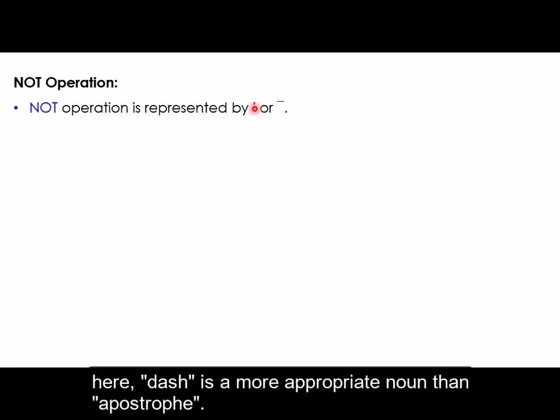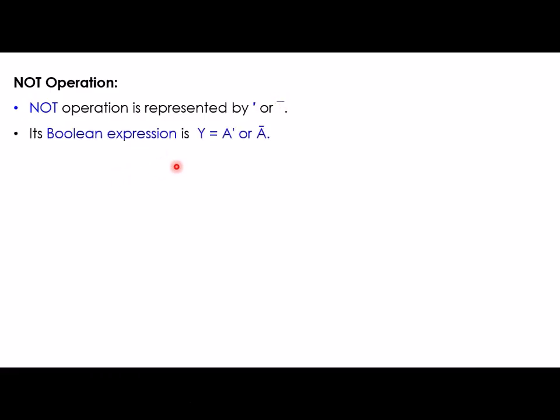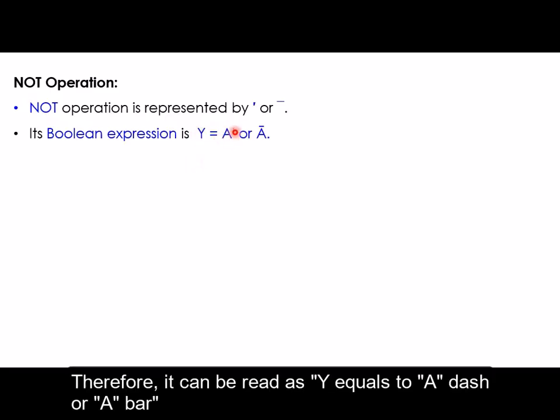Now let us discuss the NOT operation. NOT operation is represented by an apostrophe or by a bar on the top of that variable, and its Boolean expression is Y equal to A apostrophe or A bar.